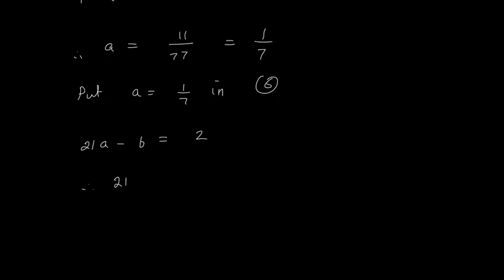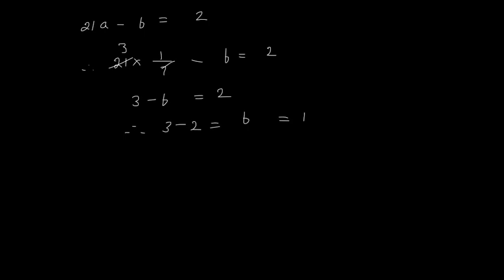So therefore 21 into 1 upon 7 minus b is equals to 2. This will cancel. So 3 minus b is equals to 2. Therefore I will move this b on right hand side. So 3 minus 2 is equals to b. So b is equals to 1.